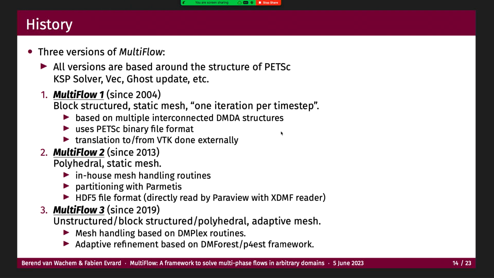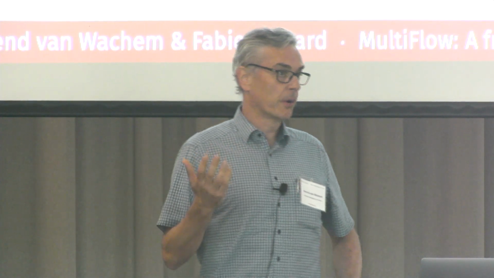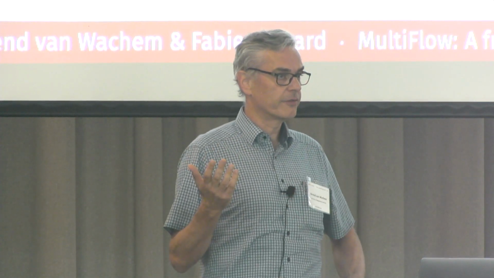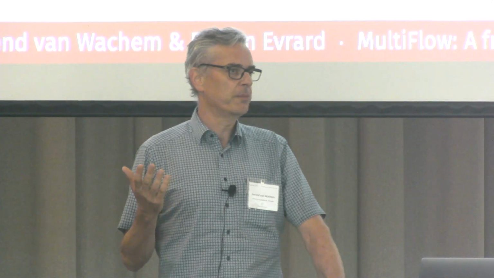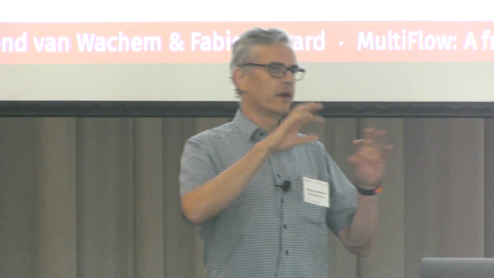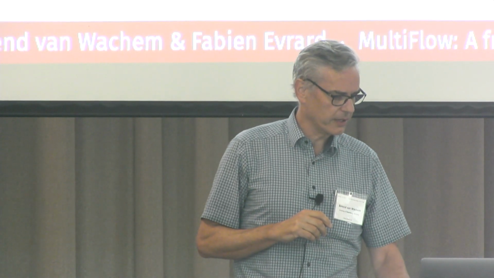We moved away from that because it's quite difficult to make block structured meshes for complex geometry, and we were interested in problems with many thousands of blocks, which becomes quite cumbersome to work with in MPI, because with many MPI groups, MPI starts working much more complicated.